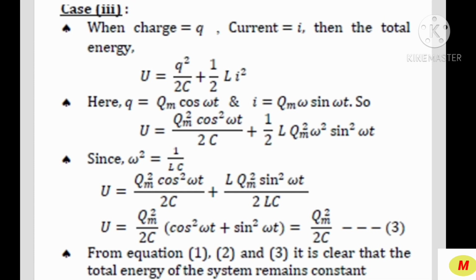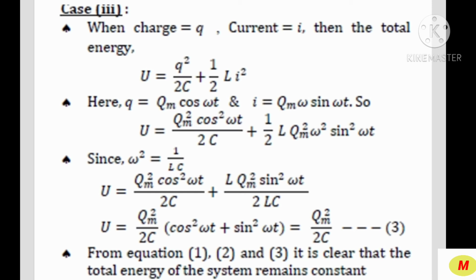Case 3. When charge is equal to small q and current is equal to small i, then the total energy can be written as capital U is equal to small q squared divided by 2C plus half Li squared. Here small q is replaced by capital Qm cos omega t and small i is replaced by capital Qm omega sin omega t.